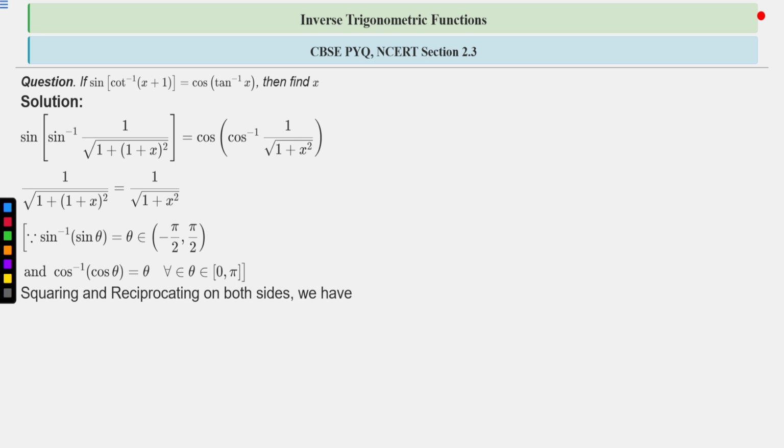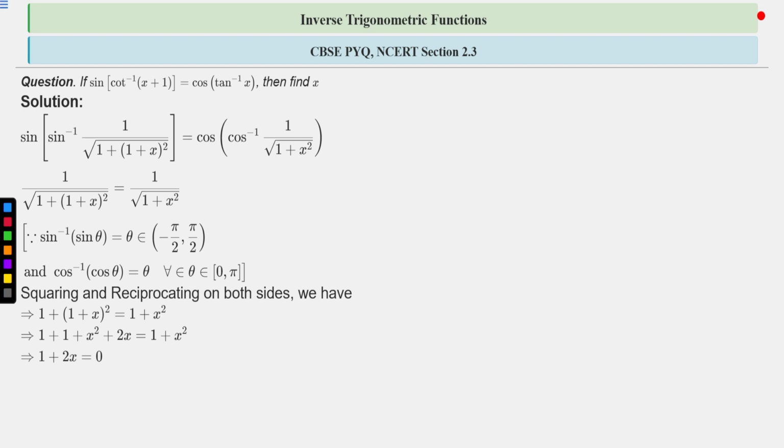Now squaring and reciprocating both the sides, we will have 1 plus (1 plus x) whole square will be equal to 1 plus x square, right? Therefore, we will get 1 plus x square plus 2x will be equal to 1 plus x square.